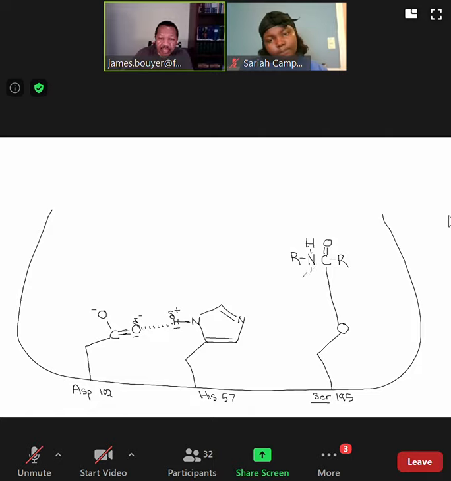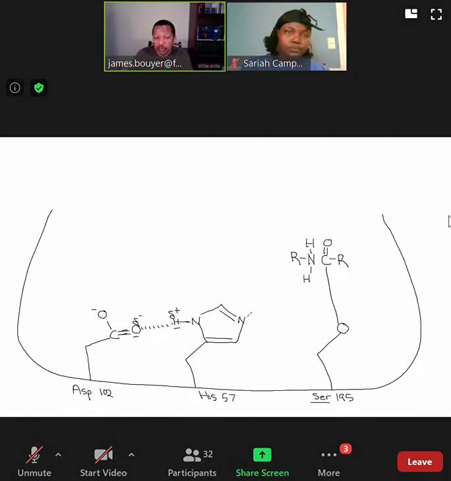This nitrogen picked up the hydrogen from the histidine. So electron rearrangement, reform the double bond. Break the carbon-nitrogen bond, which is the goal of the mechanism.